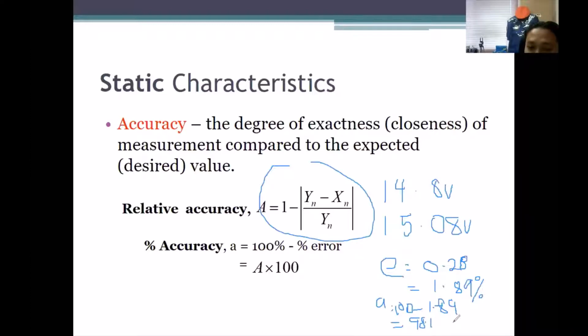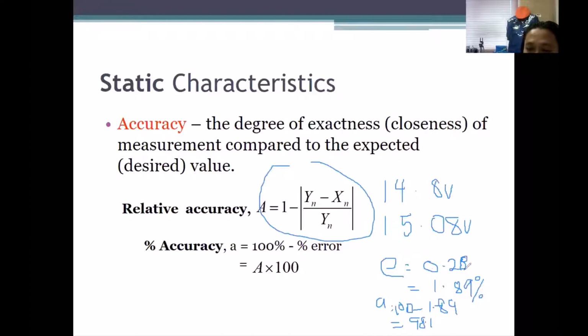So in this example, the expected value for this battery voltage is 14.8 volts, and we measured using the digital multimeter and got 15.08. From this we get the error, plus or minus 0.28 volts.